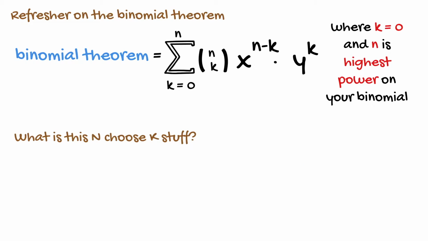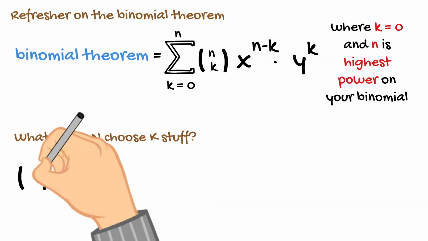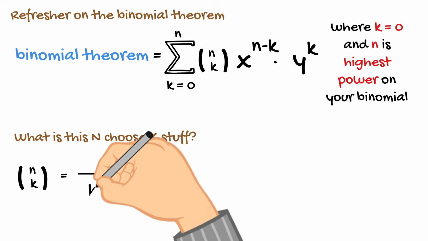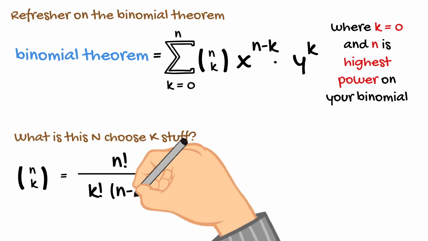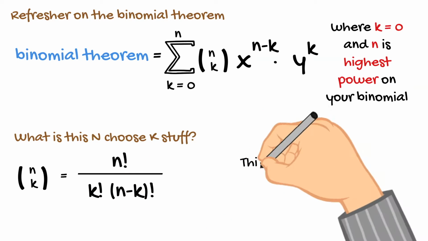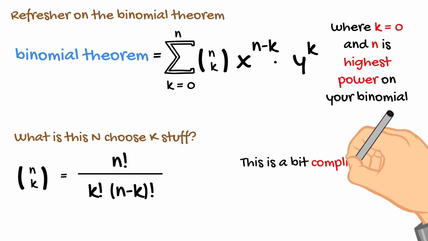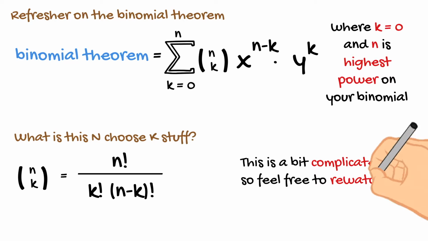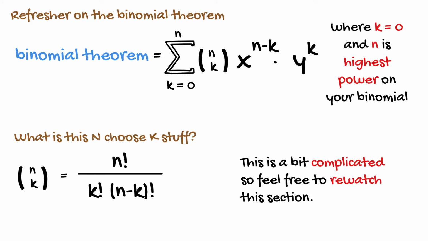Well, this is a simple way of representing a factorial expression. So, n choose k just means n factorial divided by k factorial multiplied by n minus k factorial. Though both of these formulas are a little bit complicated, take some time to familiarize yourself with it, as it's quite important for this video.